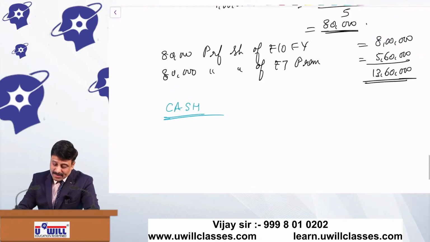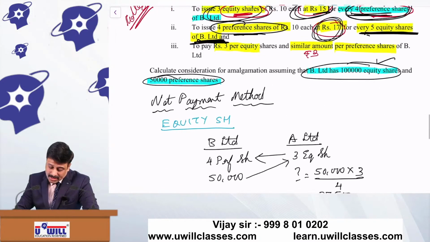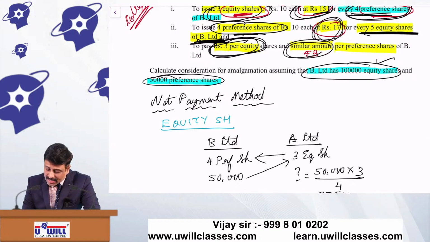Now, how much is paid in the form of cash? If you all see over here, the third piece of information is given to you: 3 rupees per equity share and a similar amount, 3 rupees per preference share of B Limited.